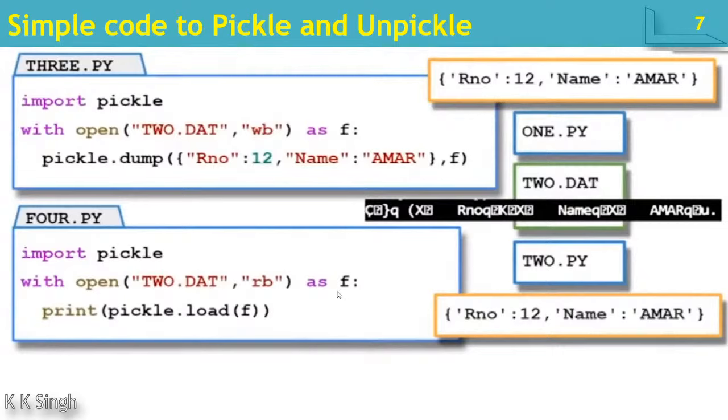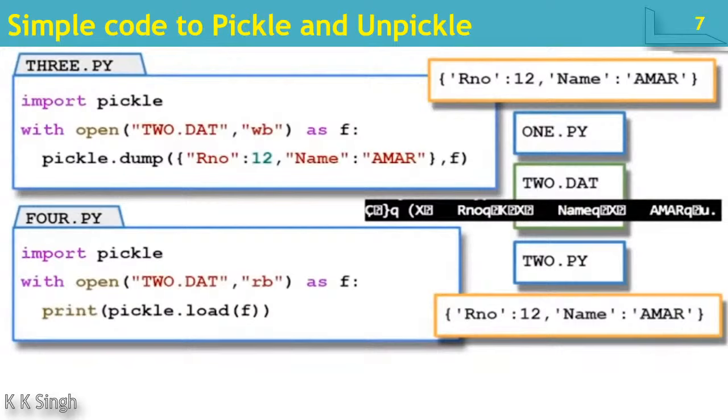So F is representing 2.dat. Now how do we load the information from 2.dat? I'll use pickle.load. If you say print pickle.load, the information stored onto 2.dat is printed in the form in which it was saved, or dumped, onto the file.